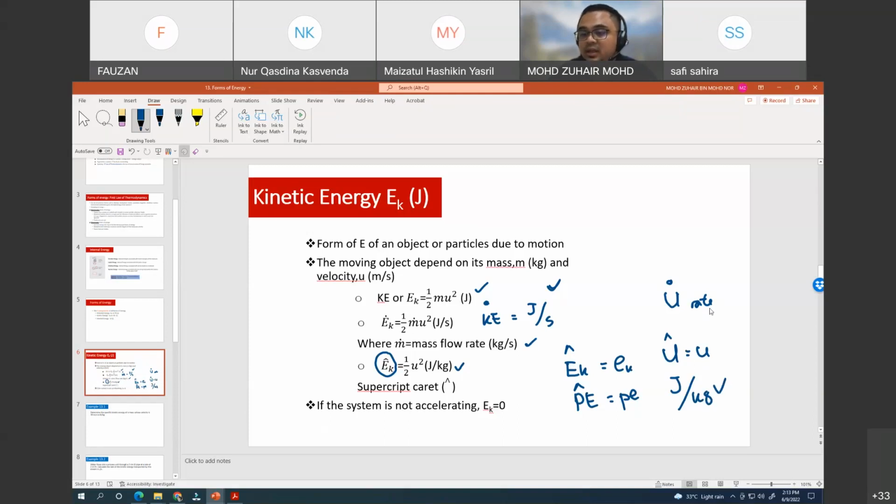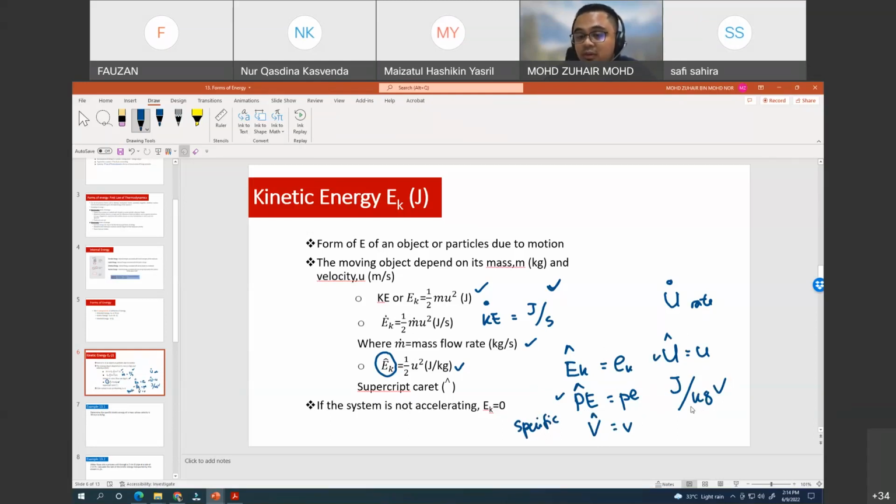So please bear in mind, this is all specific per mass: specific kinetic energy, specific internal energy, specific potential energy, specific volume, V small v. Okay, so this is something that you're going to get in the steam table. It's all about specific, and the unit will be in joule per kg or kilojoule per kg.